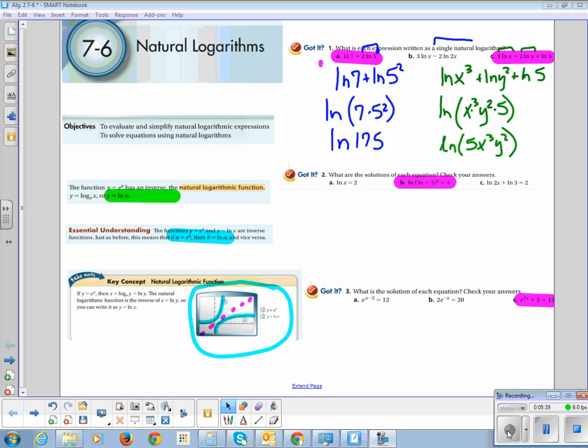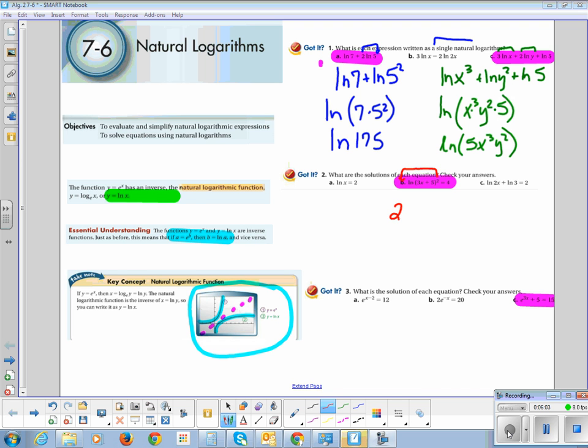So let's apply natural logs to actually solving for x. Yay! So we're not just simplifying, we're not just messing around with terms, we're actually solving for x. So in this case, I'm going to use the fact that I can pull out this squared and put it on the front.